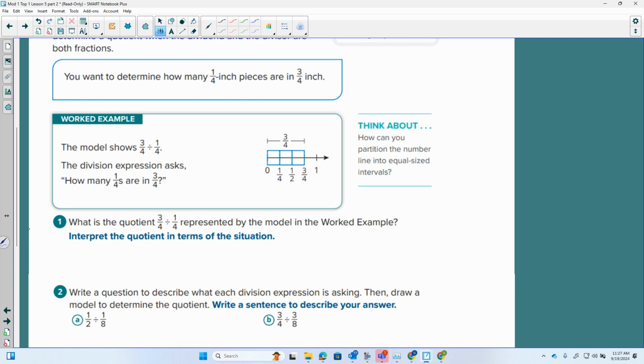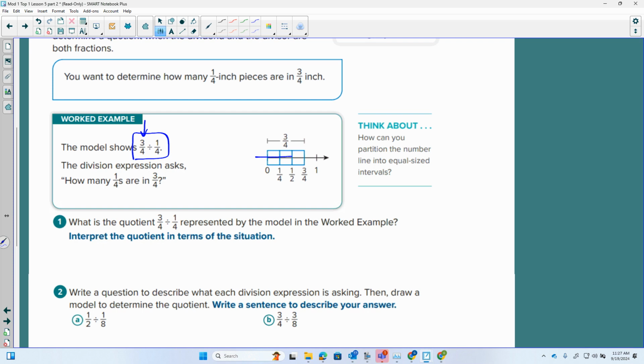And we're going to give you guys another form of model to use for modeling in practice. In the model, what we're going to do is take our dividend, the part that's being divided, and make that the top part of our model. Okay? So we're going to use the number line to help you figure out where it is.